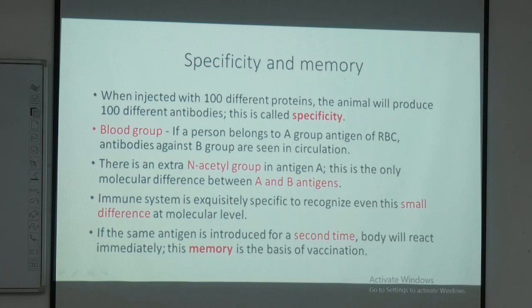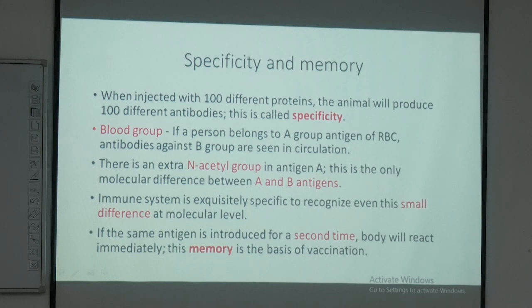Anti-B. A person having blood group B, what kind of antibody will he have? Anti-A. And these antibodies are natural antibodies.